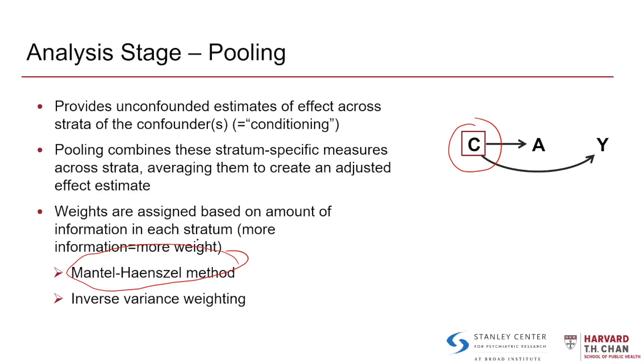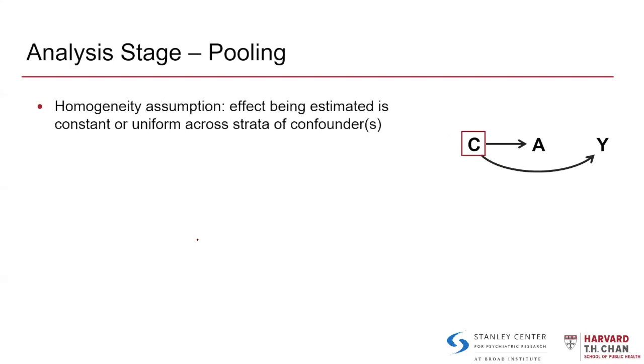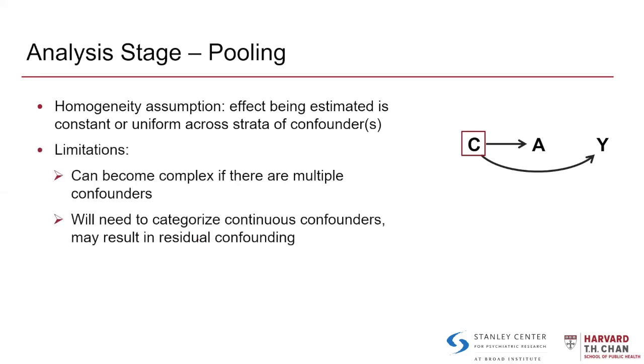We'll just briefly touch on Mantel-Haenszel weighting when we take an example. So what pooling is doing is assuming homogeneity, where the effect being estimated is constant or uniform across strata of the confounders. The limitation with pooling is it can become complex if we have multiple confounders.